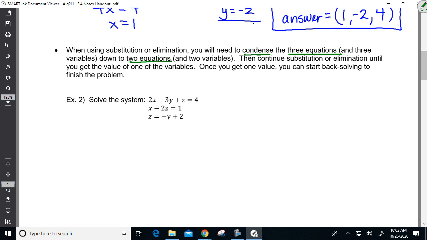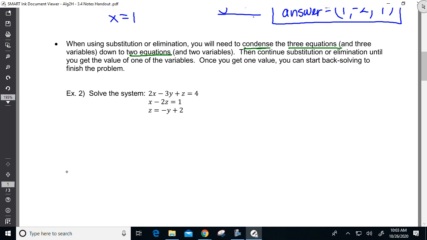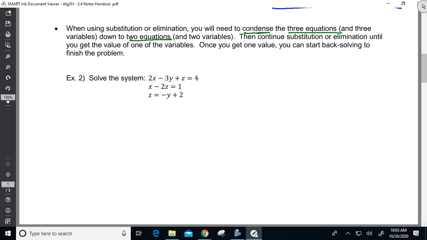We need to condense the equations so that we're only working with two variables. Ideally, we only want to work with two variables at a time. Three variables, now stuff starts to get a little hairy. So we're first going to do a problem with substitution. Then we'll do some with elimination.